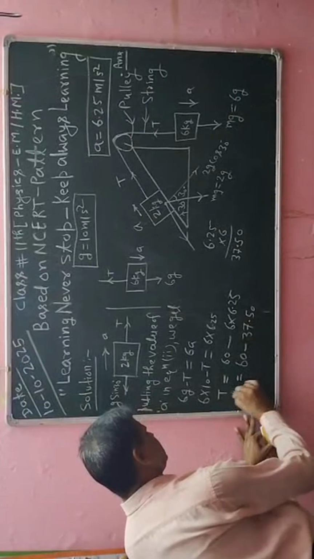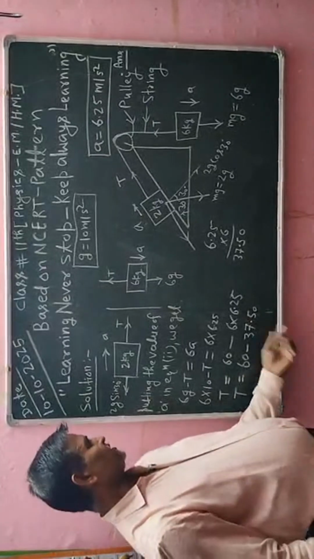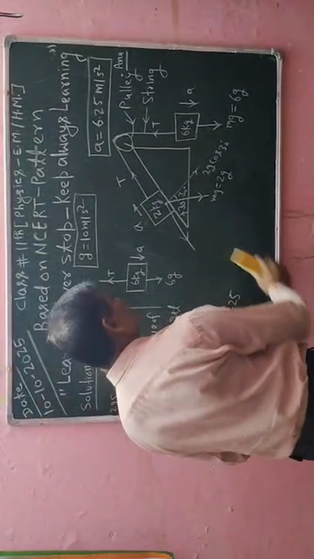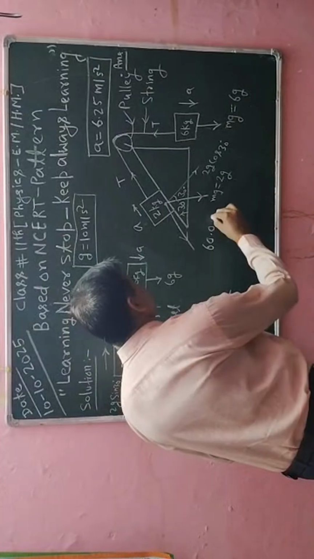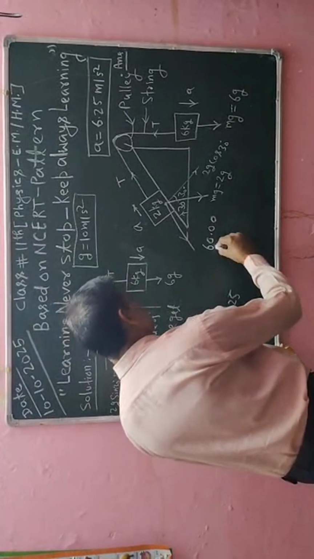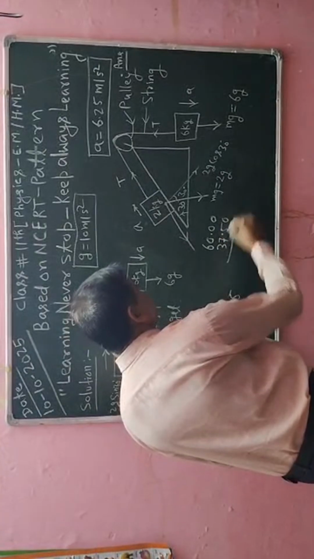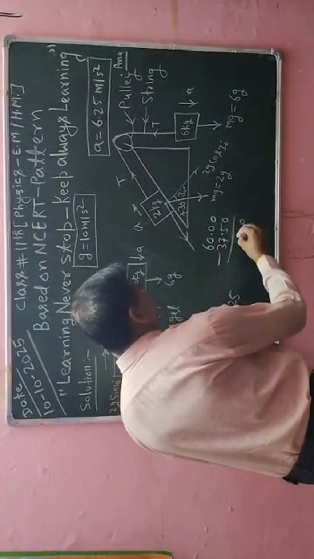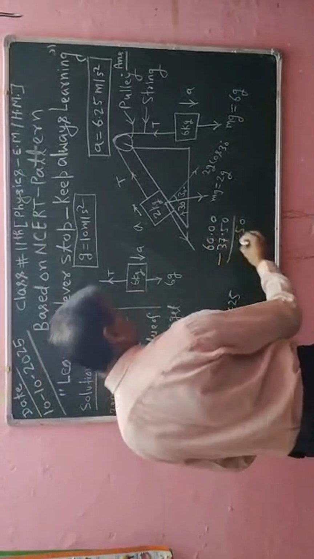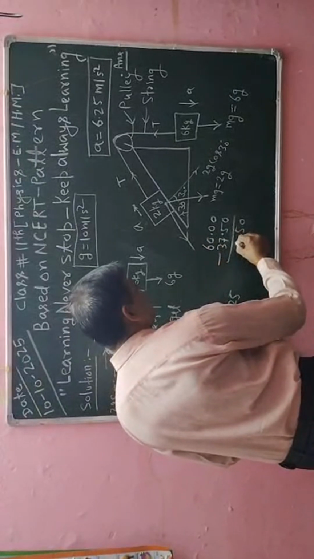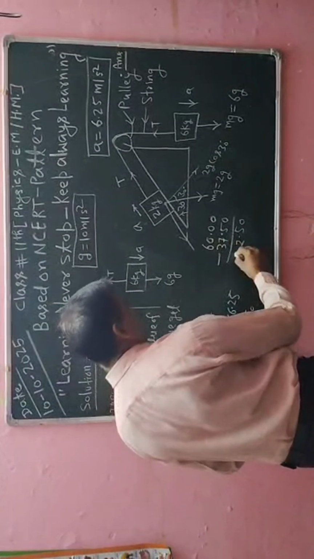Okay, so this is the tension force. I will also subtract 60 minus this one. After subtracting I will get a value. So 60.00 minus 37.50. Here I will subtract: this will be 0, this will be 5, and then 9 minus 7, that will be 2, and 5 minus 3, that will be 2.